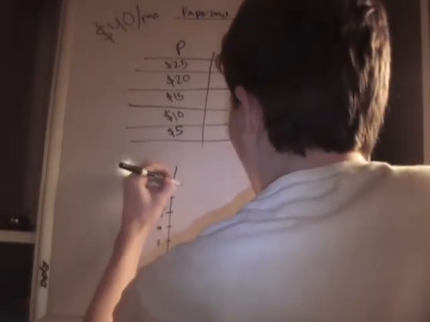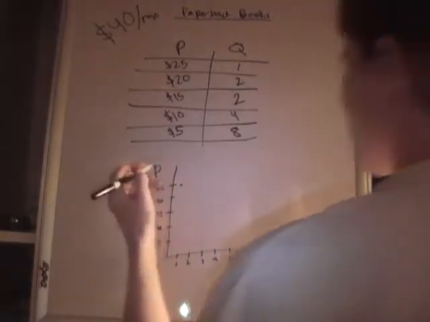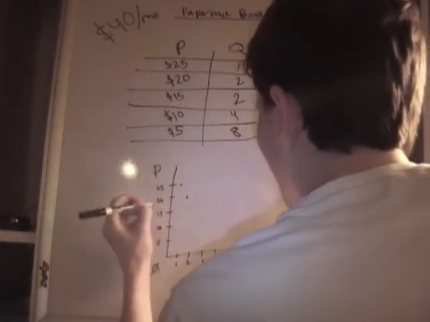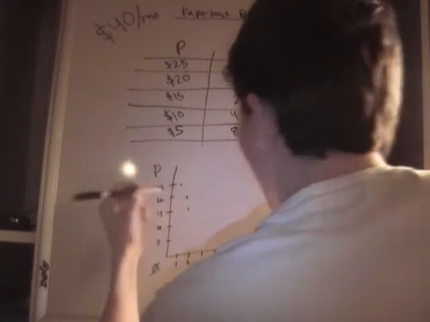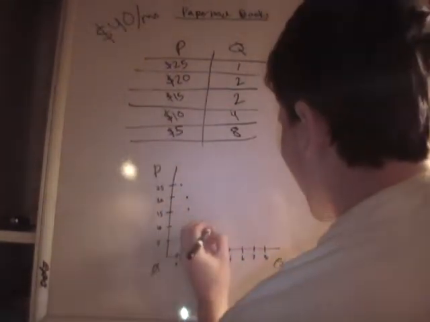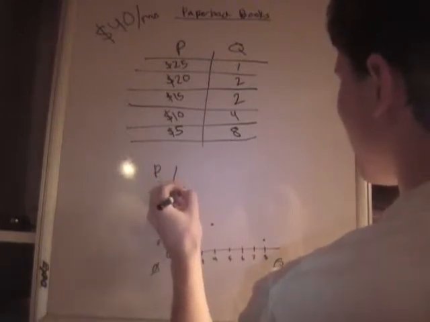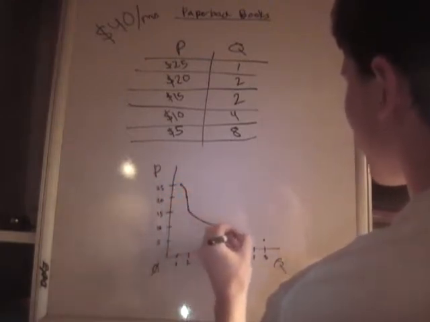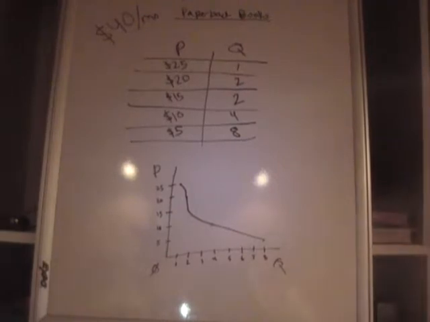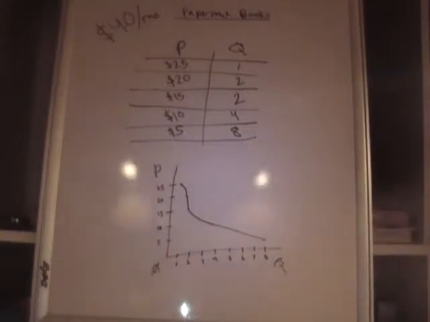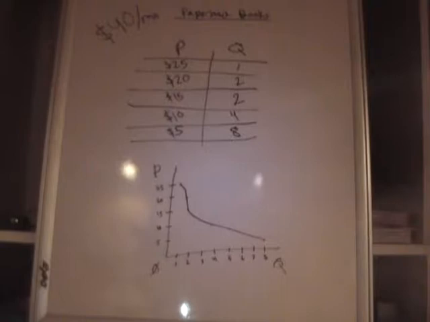At 25, he would buy 1 paperback book. At 20, he would buy 2. At 15, he would also buy 2. At 10, he would buy 4. At 5, he would buy 8. So Fred's demand curve for paperback books looks like that. A downward sloping, it's not a line, but that is what his demand curve for paperback books looks like.